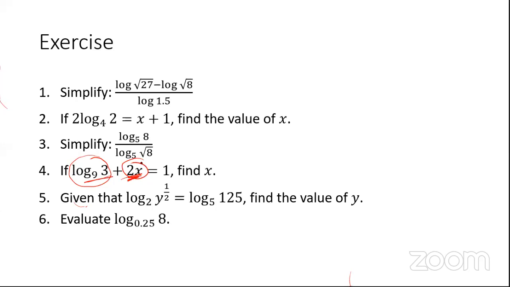You can just transfer this 2x to this side so that you have logarithm of 3 to base 9 equals 1 minus 2x. You can see these are together, that's the result, which will be the power. We have said logarithm is always the power to which a base is raised. So the power to which we raise this 9 to give us 3. So you can now say that 9 raised to power 1 minus 2x equals 3.